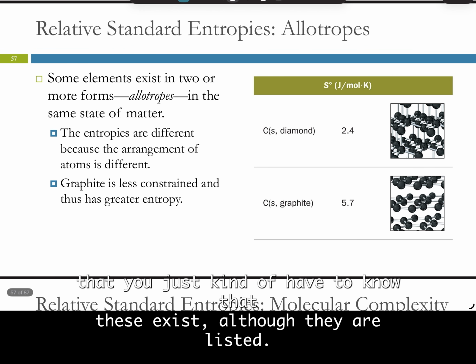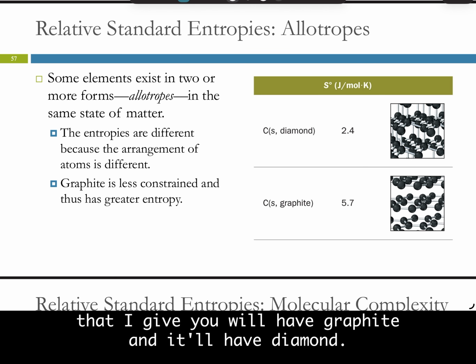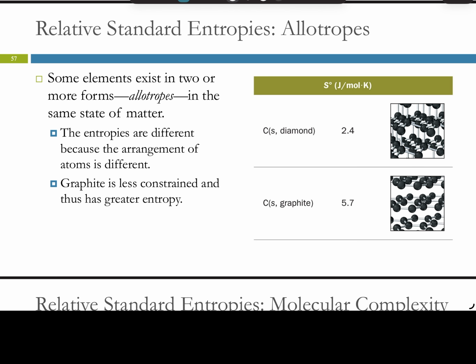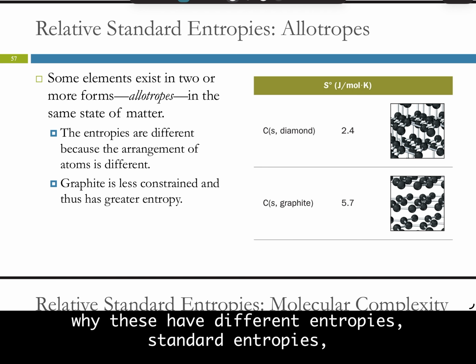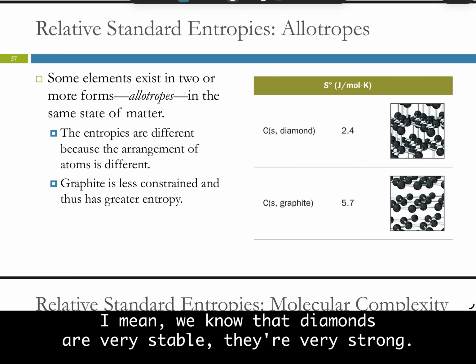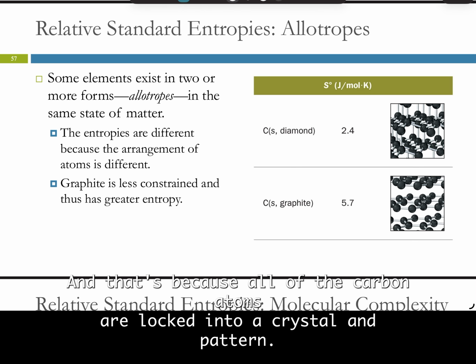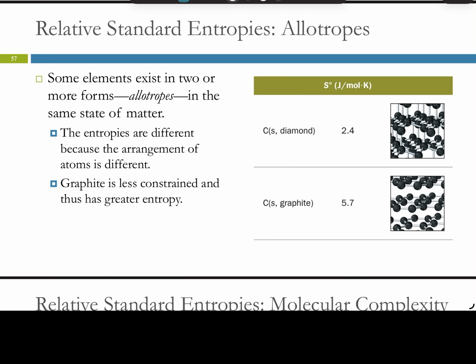And this is one that you just kind of have to know that these exist, although they are listed. Like if I give you a table of values and I want you to use graphite, the table that I give you will have graphite, and it'll have diamond. But to reason through why these have different standard entropies, you have to kind of know about the substance itself. We know that diamonds are very stable, very strong, very hard, and that's because all of the carbon atoms are locked into a crystalline pattern.